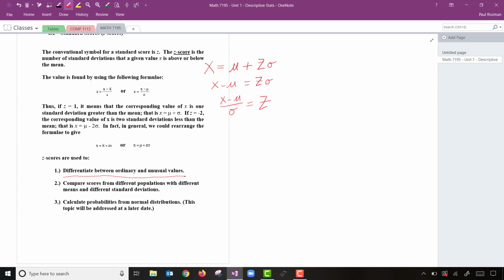And a little later, we'll use it to do transformations so that we can determine probabilities from a normal distribution. But for right now, we're just going to use the formula and start to understand what a z-score is. I think it will help us get a better feel for standard deviation as well. Most likely, we will be using the sample form, x minus x bar over s, because most of the data that we deal with is sample data.